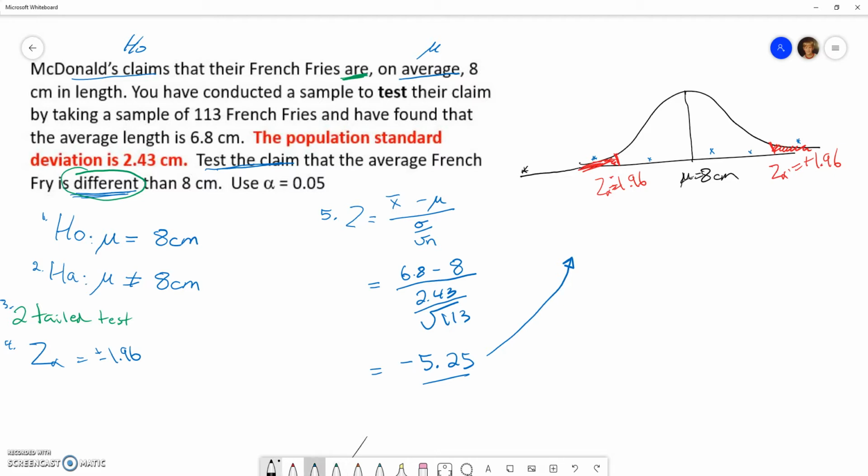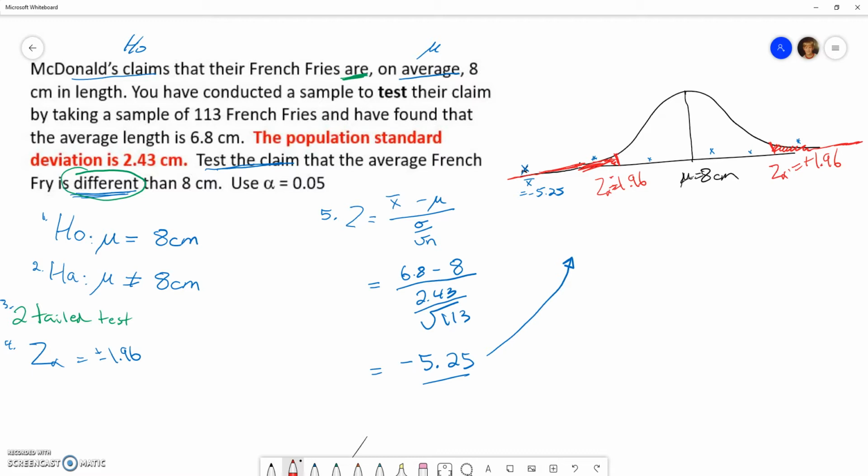Let's make that blue. So the test statistic equals negative 5.25. Clearly, it's in this red zone. This red zone extends forever, above and below.